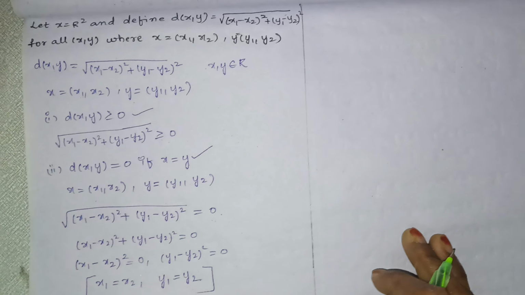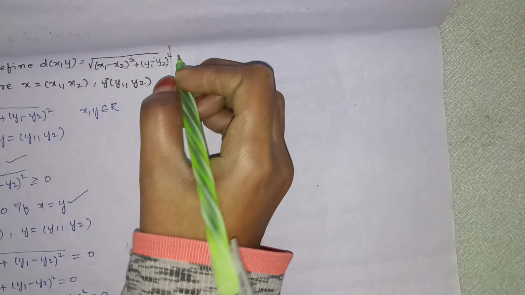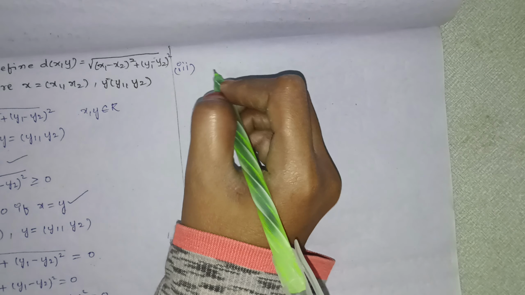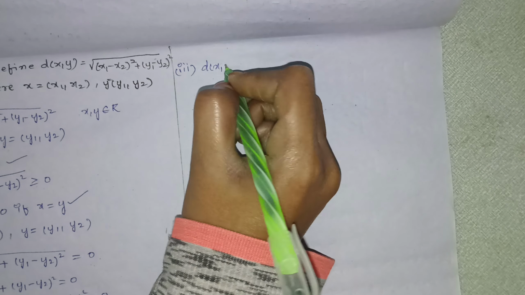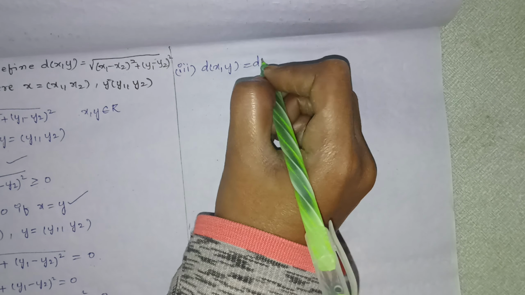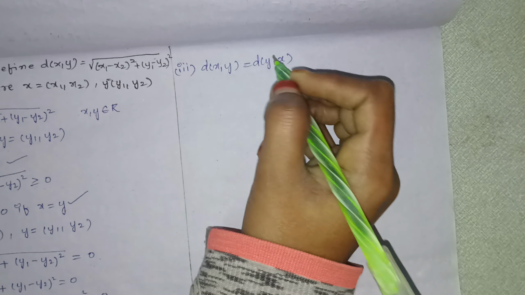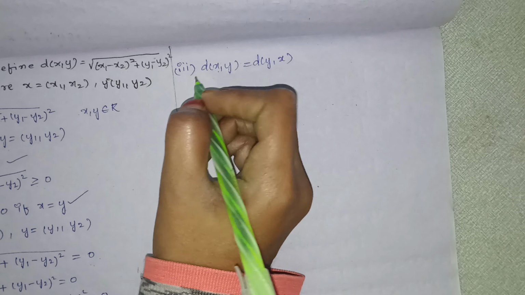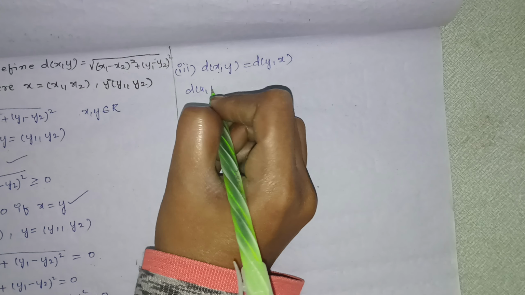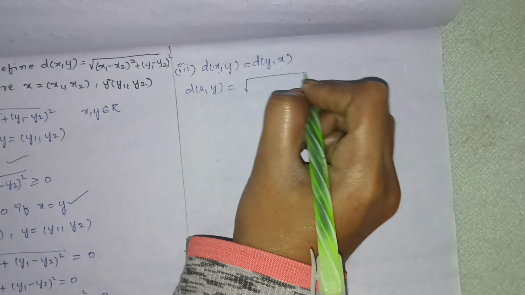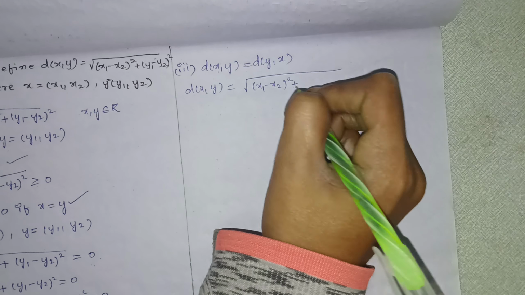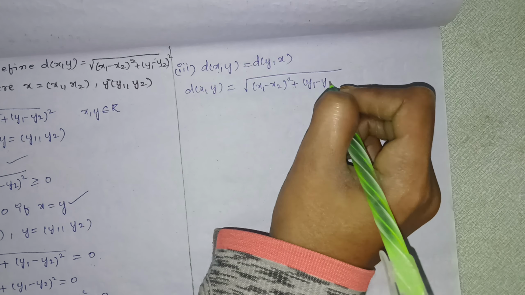Now the third property, the symmetric property. d of x comma y should be equals to d of y comma x. Just in the place of x, substitute y, and in the place of y, substitute x. Therefore, d of x comma y equals under root (x1 minus x2) whole square plus (y1 minus y2) whole square.